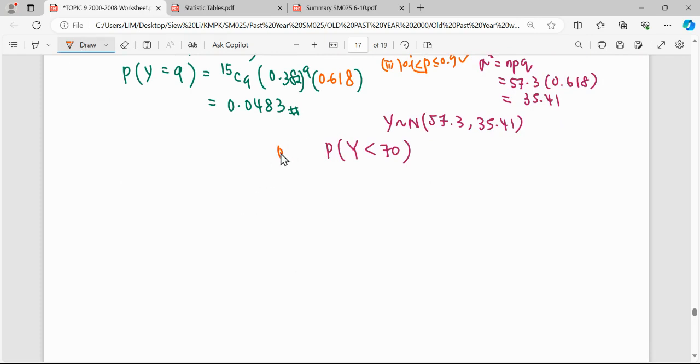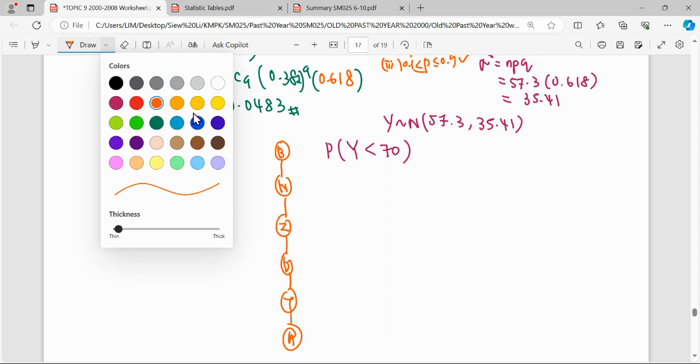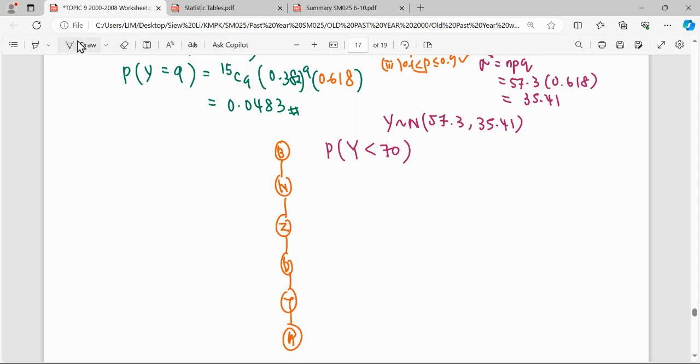So starting from binomial, then change to normal, get to standard form, draw the graph, find from the table for the answer. Change to normal, make it decimal, whether 70.5 or 69.5. 70, include or not?